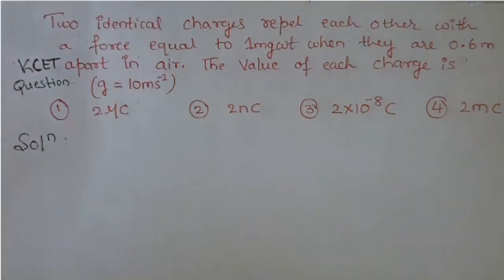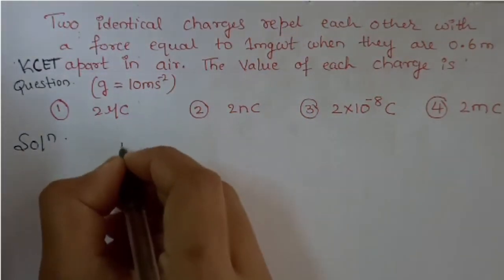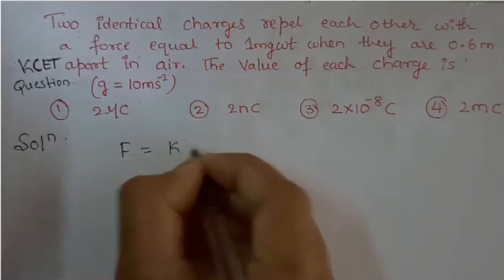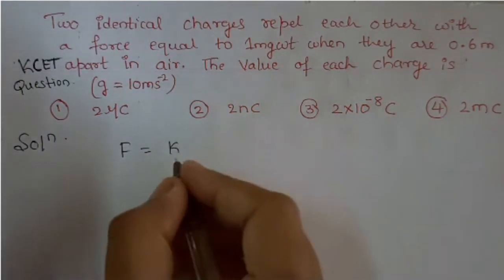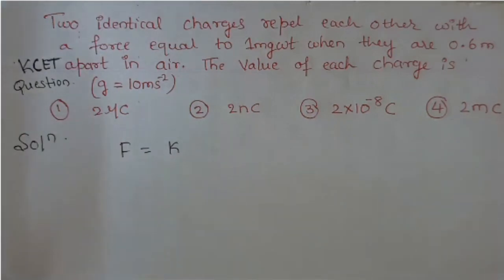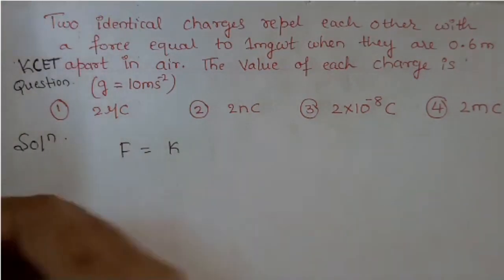Okay, so let us start. That's a very simple one. So what concept are you using here, definitely you understood. Here Coulomb's force they are asking for, so Coulomb's law concept is used here. So what is Coulomb's law? K times 1 by 4 pi epsilon naught. K means 1 by 4 pi epsilon naught. I am taking K here because this is a CET question, so in minimum time you have to solve it.